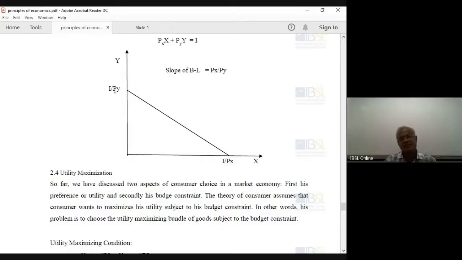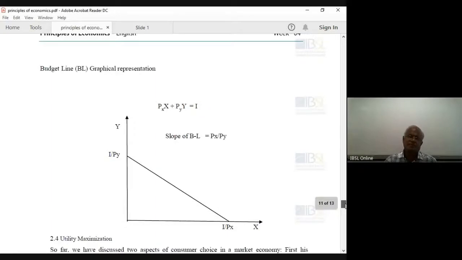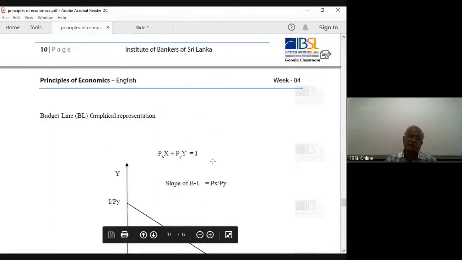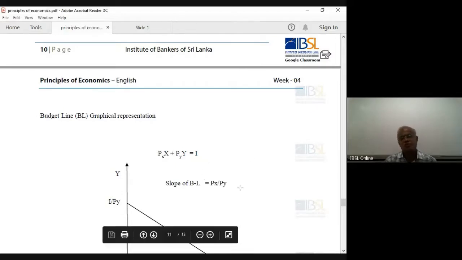That is the straight line, and in between you have other combinations. The slope of the budget line is Px over Py. Mathematically, you can rearrange this in the form y equals mx plus c: take Px X to the other side, then divide both sides by Py. The slope is Px over Py.